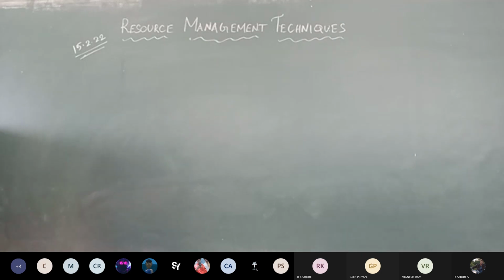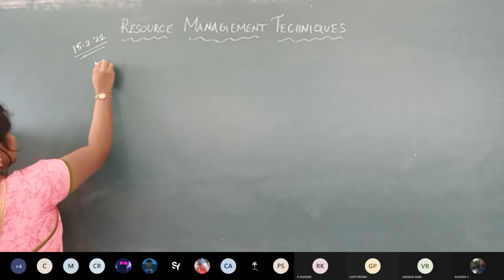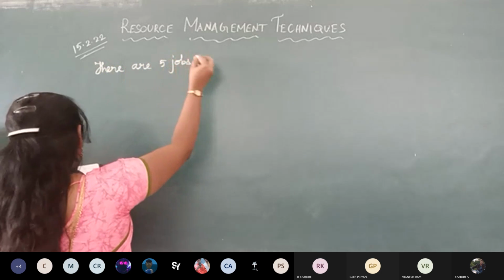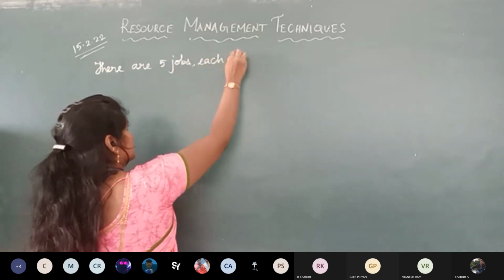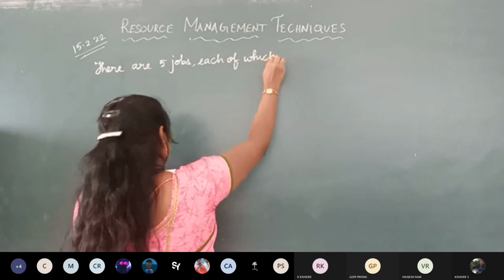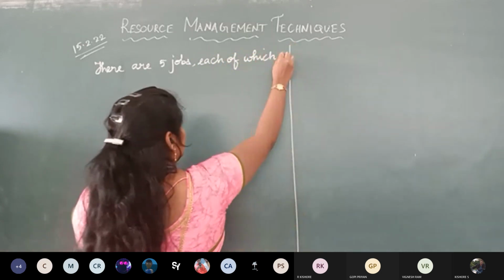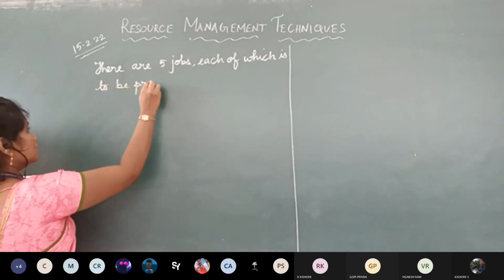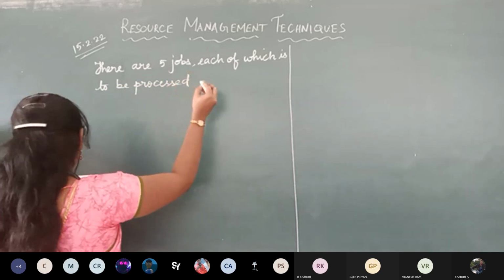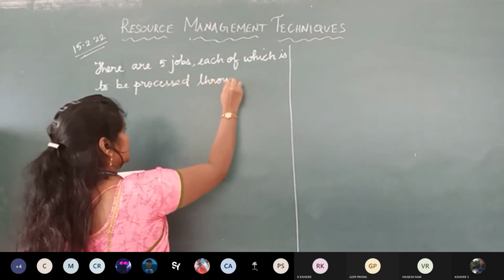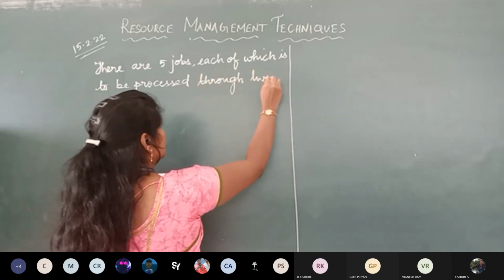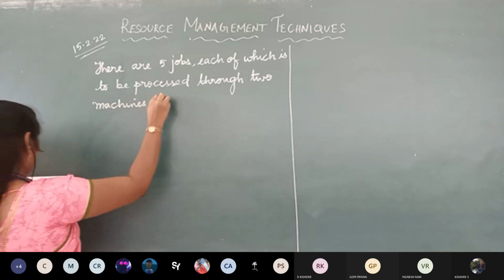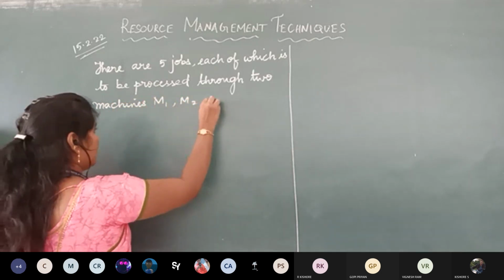Write it down. There are 5 jobs, each of which is to be processed through two machines, M1 and M2, in the order M1, M2.